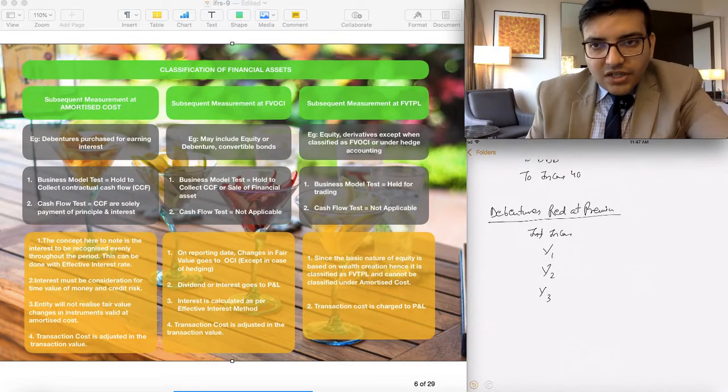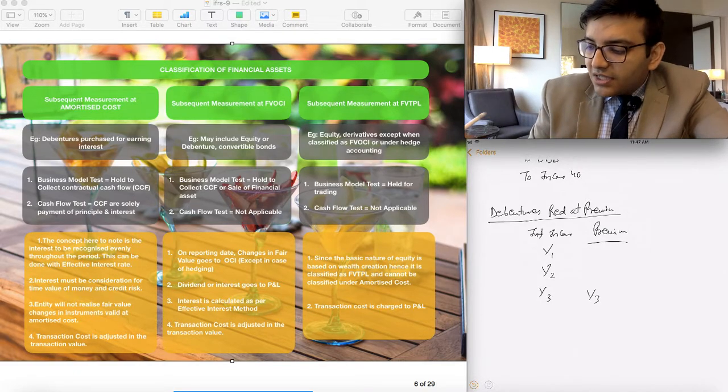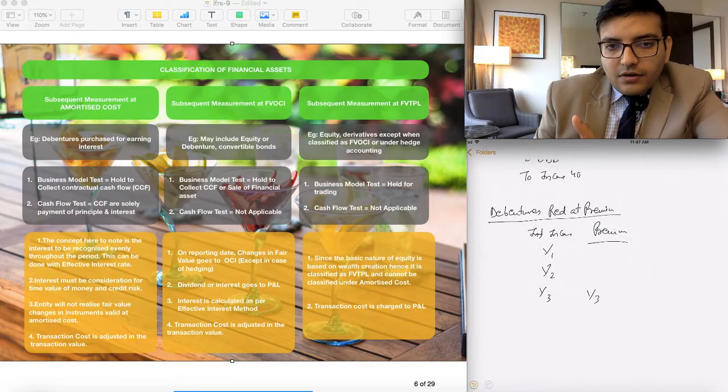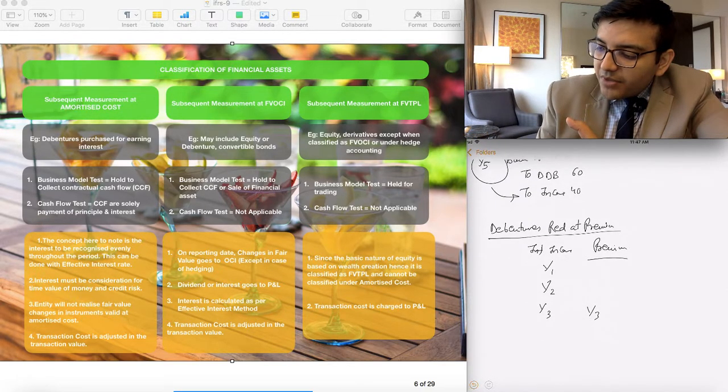We are booking interest income in all the 3 years, but the premium we will book only in year 3. So this is creating a difference: we are booking the premium income in the last year.